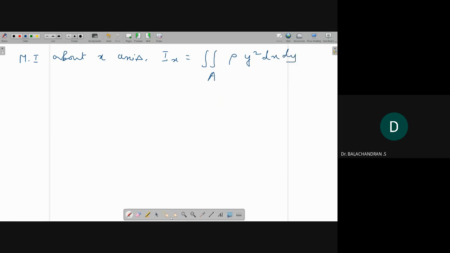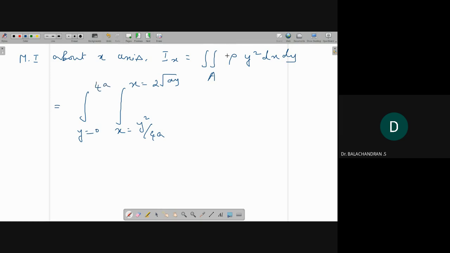The limits are the same. Taking a strip parallel to the x-axis, x varies from y square by 4a to 2 root ay, and y varies from 0 to 4a.